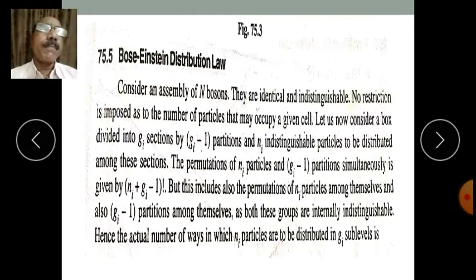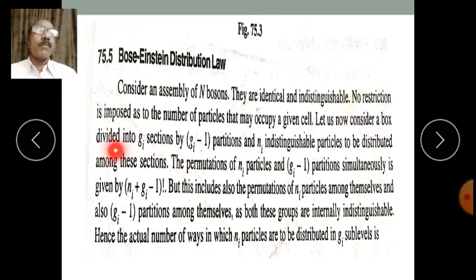So if any box contains n number of compartments, then the number of partitions is n minus 1. Here also the same thing is given.